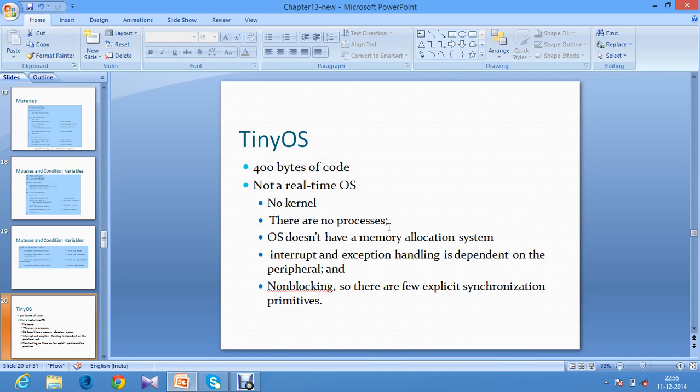In TinyOS, there is no kernel, there is no memory protection, and it is a component-based operating system. There are no processes. The OS itself does not have a memory allocation system. Interrupt and execution handling is dependent on the peripherals. It is completely non-blocking, so there are few explicit synchronization primitives.